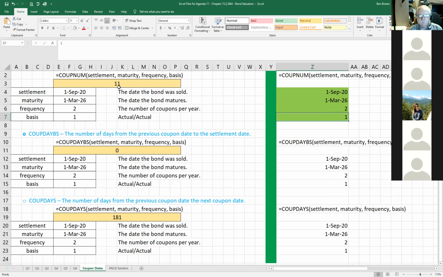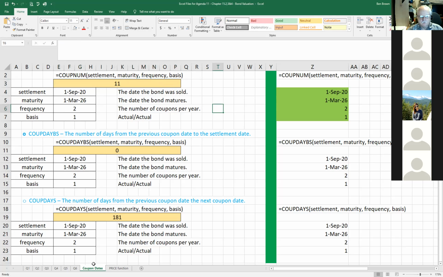And so up here, it tells us 11, meaning there's 11 coupons left on this bond. You could figure this out by hand, but it's a fairly painful process. Whereas this coupon calculation does it incredibly accurately and it does it easily.